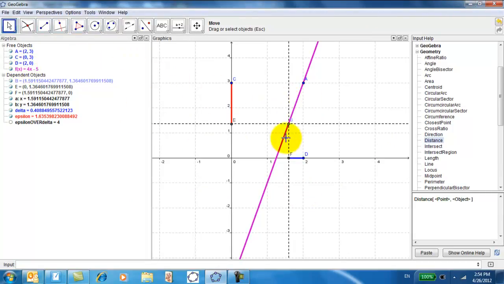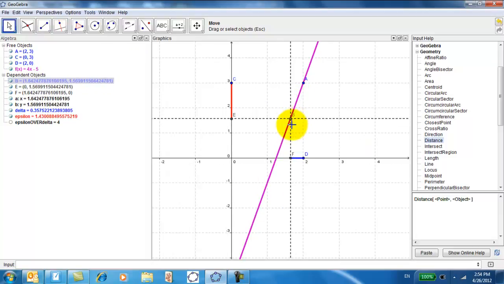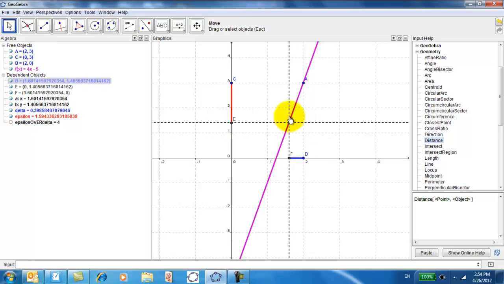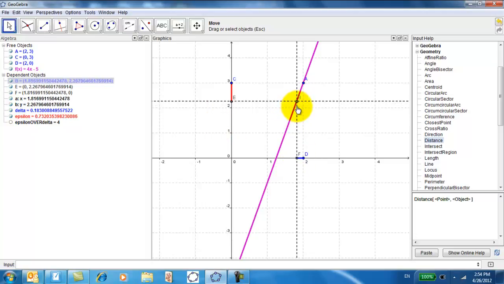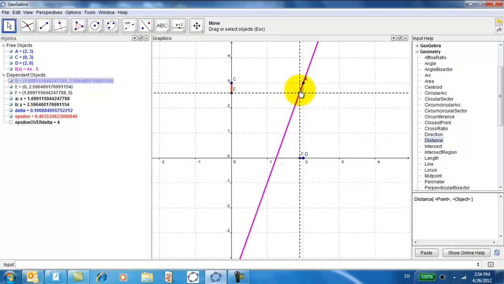And b here is a point on the function. I'm sliding this along. Now notice what the blue represents here. As x gets closer to 2, and in blue here that's delta. Delta is basically the error in x. And as that gets small, then our point is going to get closer and closer and closer to 2. X will approach 2. As that happens, f of x approaches 3.